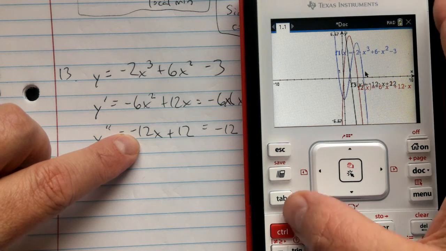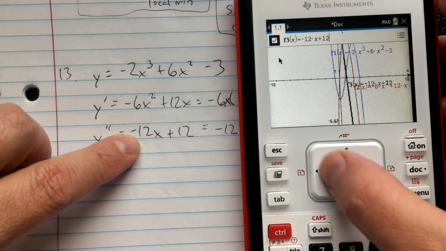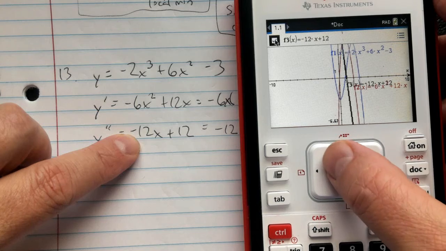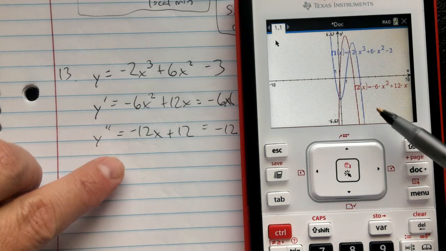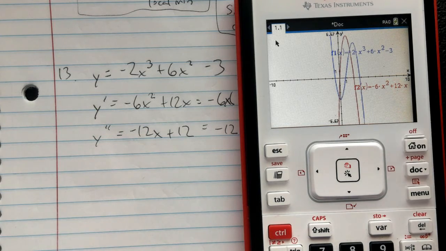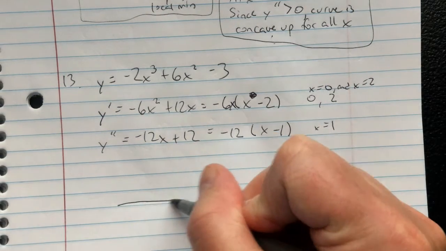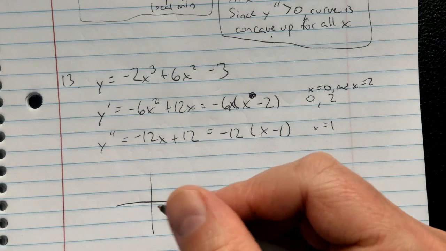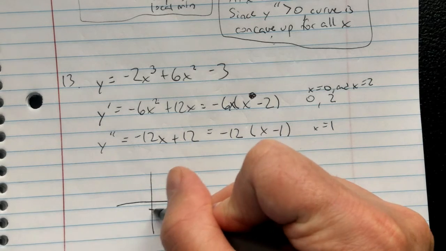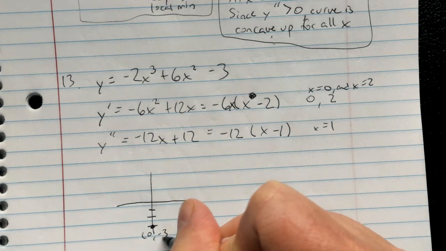Okay, in general, we're not really going to use the second one. It's getting too crowded. So now we're going to look at the points that we need for this problem. So the first thing we want to do is start drawing our graph. And at 0, negative 3, this is a local minimum.